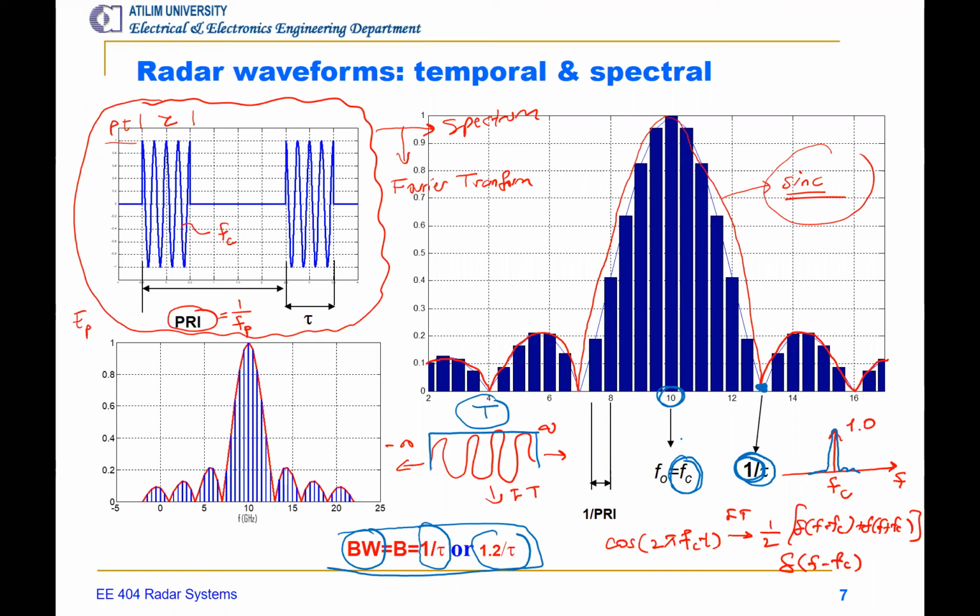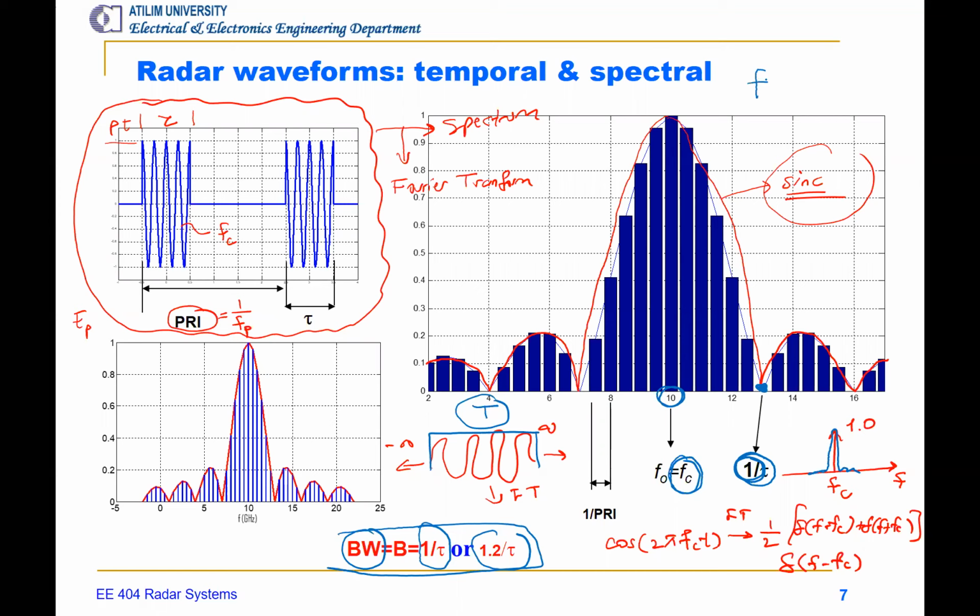So we got a sinc placed at FC, the carrier frequency. So if I change the carrier frequency, the sinc will be moving over the frequency. Okay? Here again, let's keep this in mind.